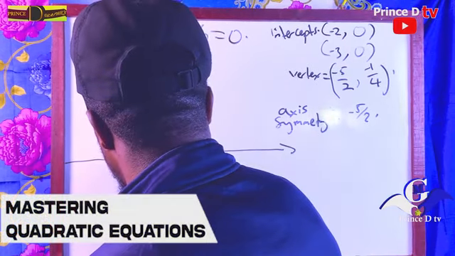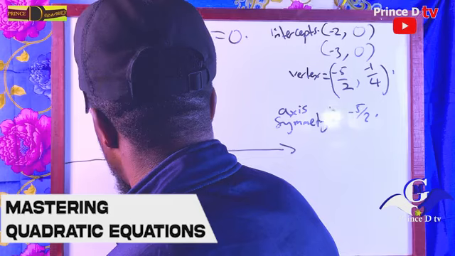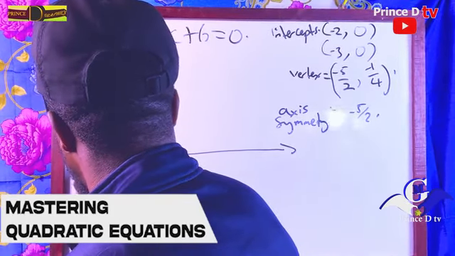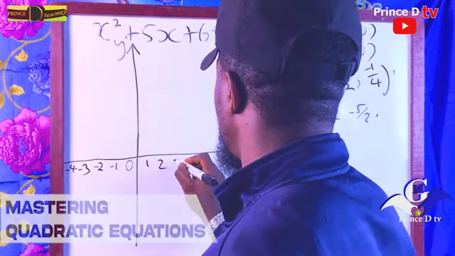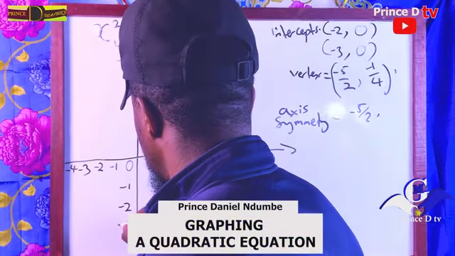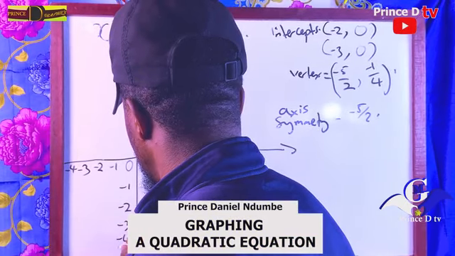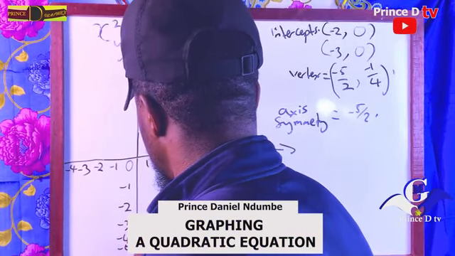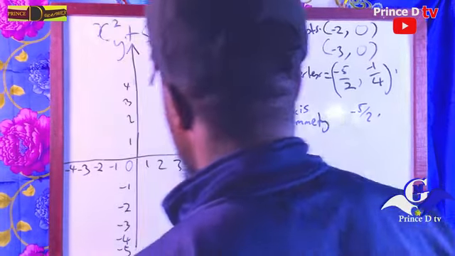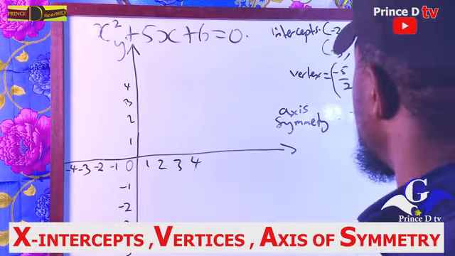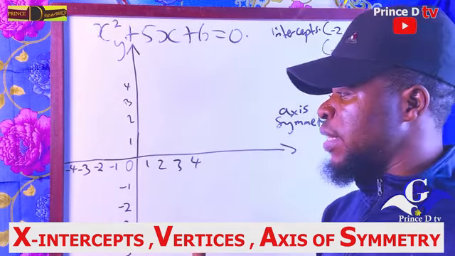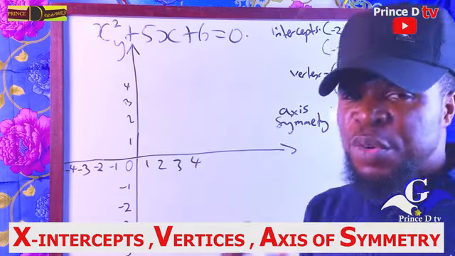We have 0, negative 1, negative 2, negative 3, negative 4, and 1, 2, 3, 4, and so on, just for estimation. I told you I have a plain board, so my graph doesn't need to come exactly like that, but you can use graph paper.